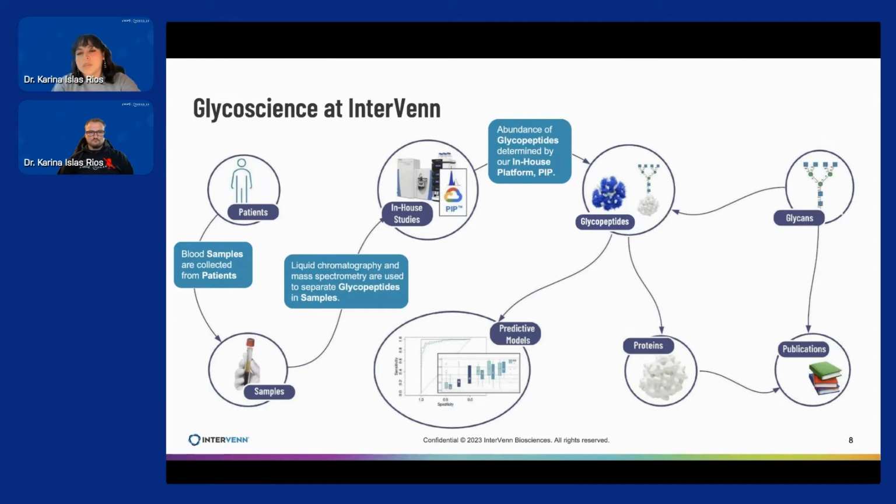We could also determine if a patient is going to respond to a specific drug. We mentioned that this is about cancer, but it doesn't have to be precisely cancer.